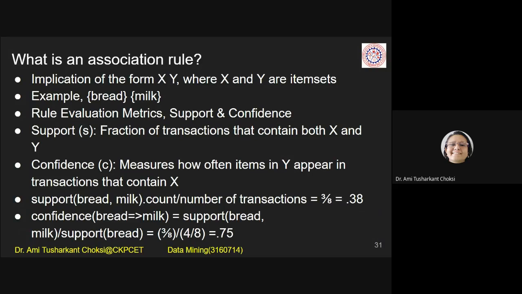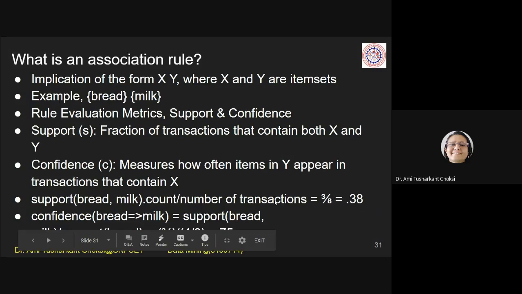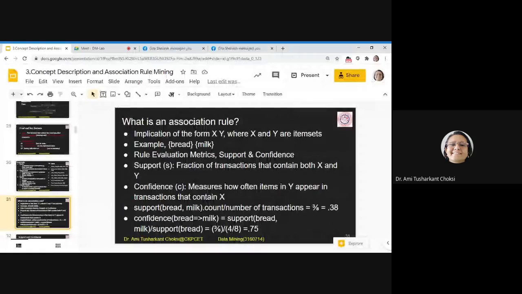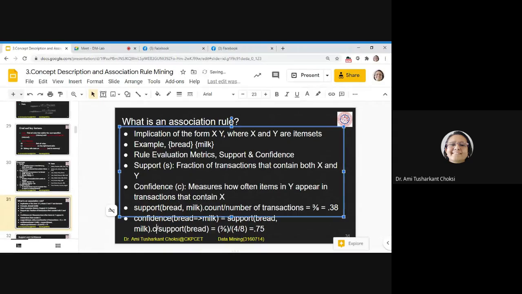So what do we get? That is 0.75. So what we have to write for finding the confidence is the support count of bread, milk, and here we'll say the support count of bread.